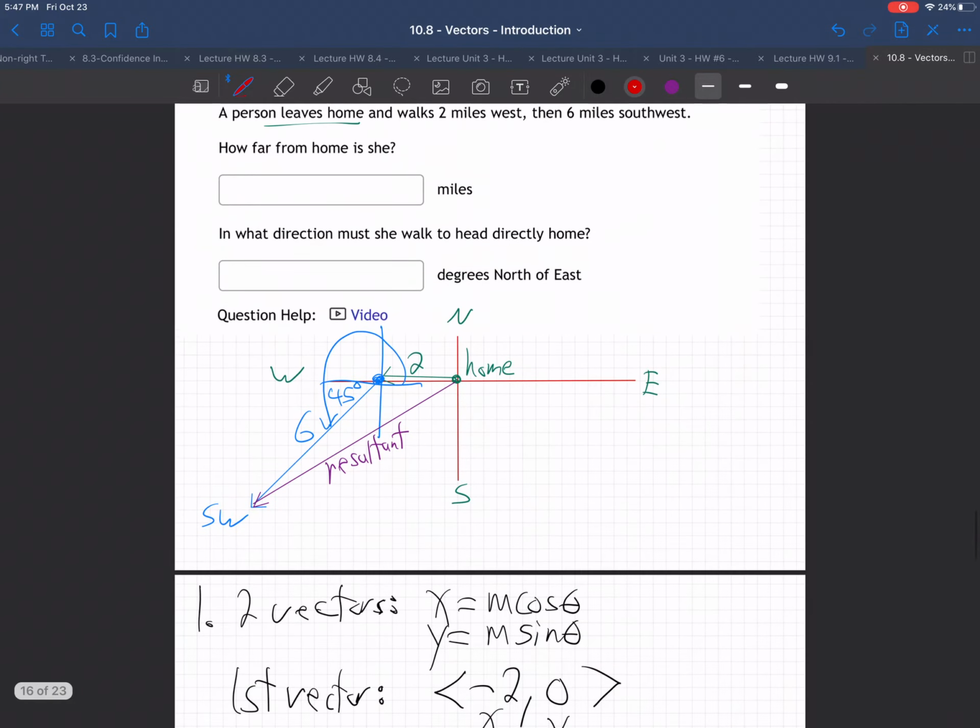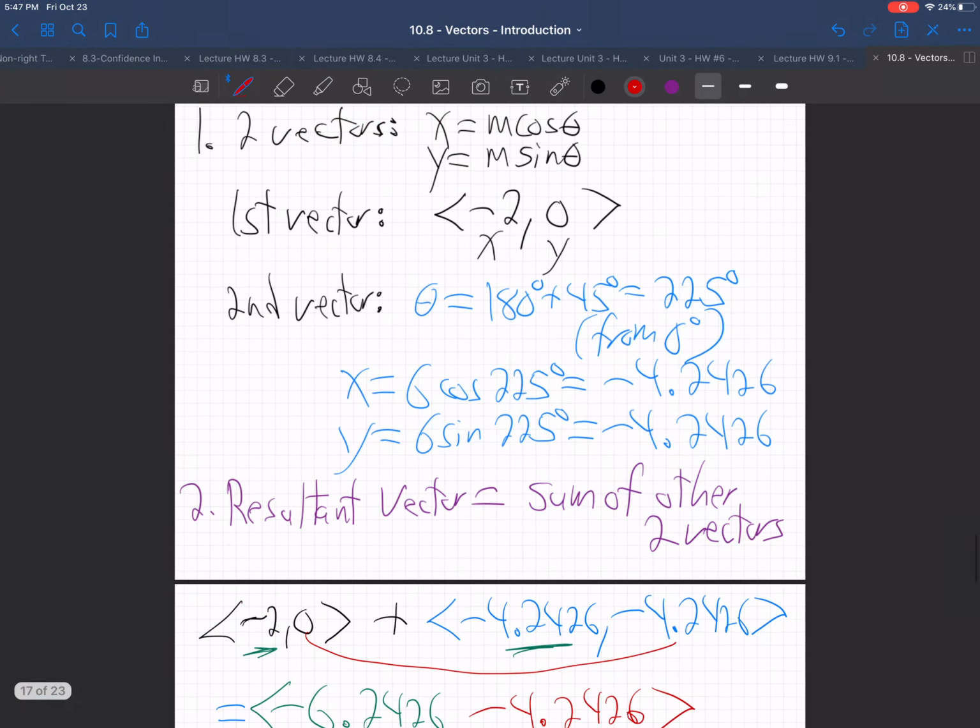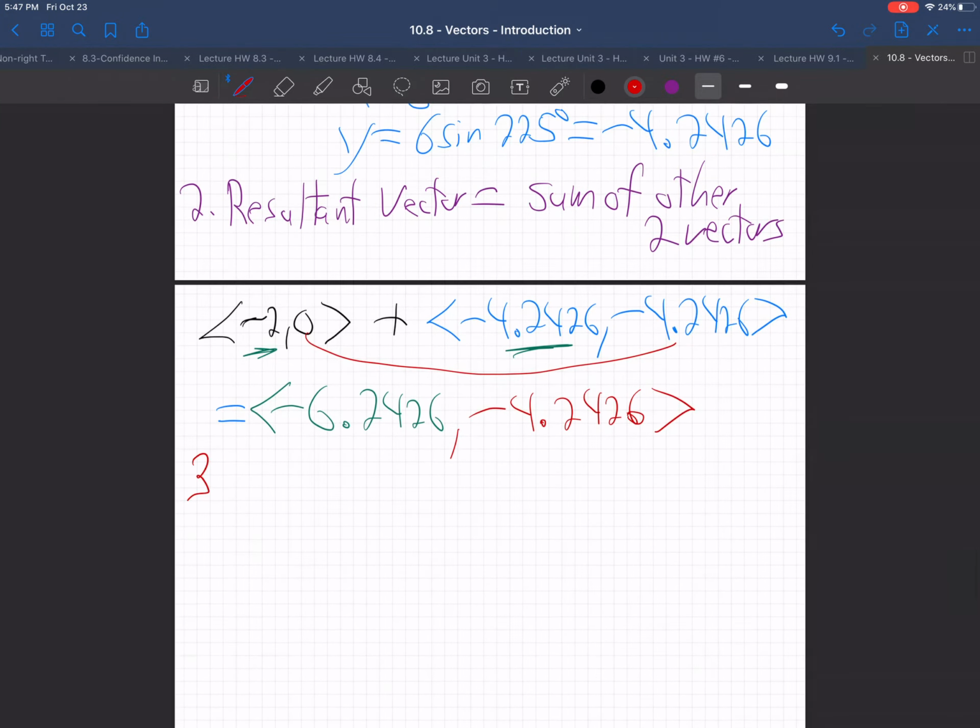And they're asking for us how far. So that's the length. I've got to find the length of that resultant vector. So how far equals the square root of x squared plus y squared, right? That's the formula for how you find the length of a vector.